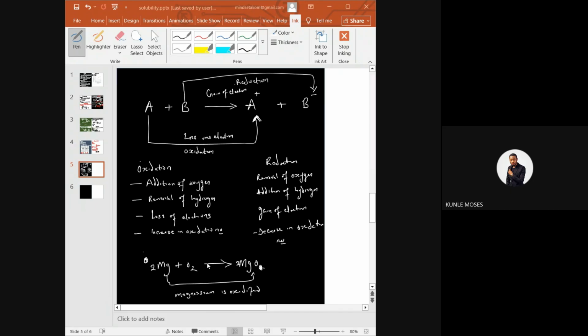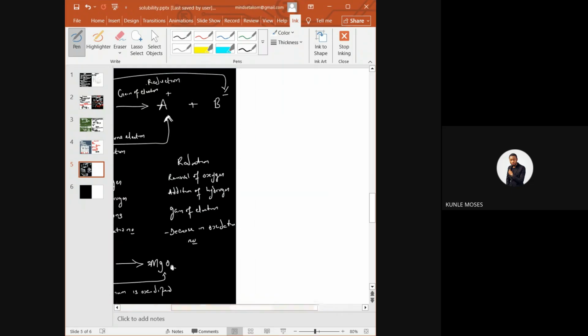So also, we have reduction. As oxidation can occur alone, reduction can occur alone. But when the two are occurring together, that is when we have redox reaction. Somebody should give me the reaction for this.